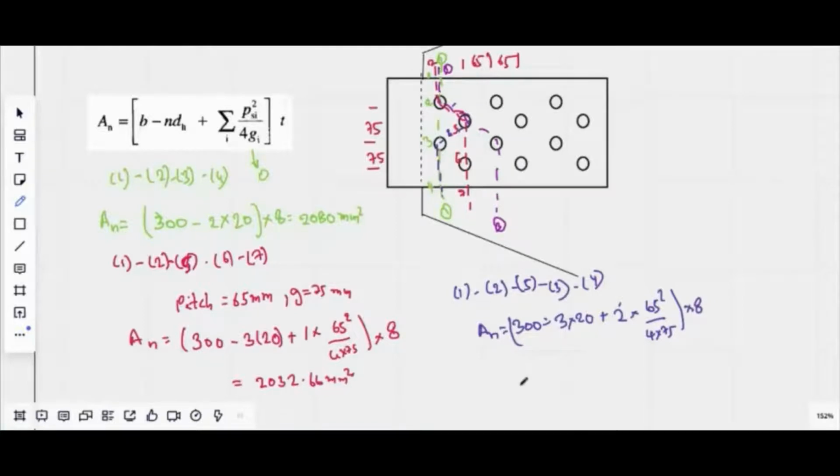If we calculate the value, we will get around 2145.33 mm square. So in the section 1-2-5-6-7, which is our section 2-2, the area is only 2032.66 mm square. So this area will be referred to as the net area while calculating the rupture.